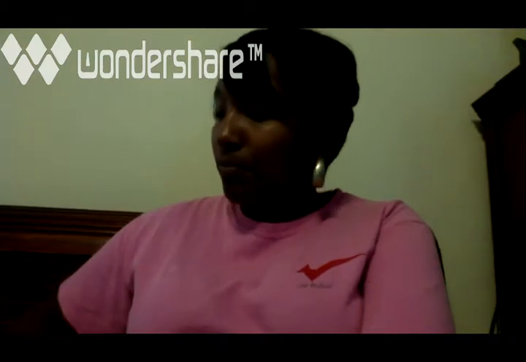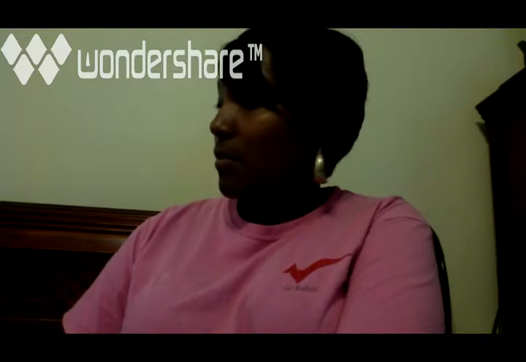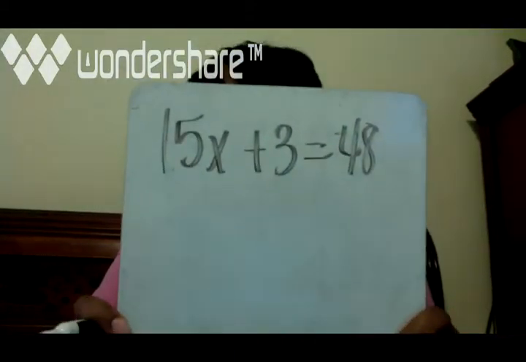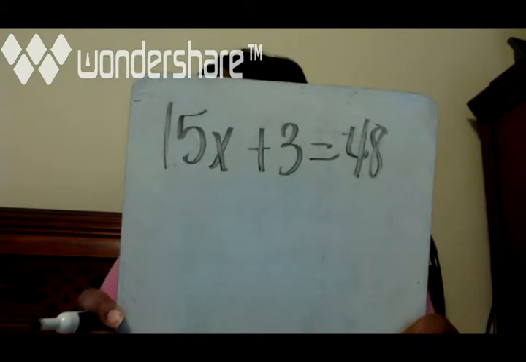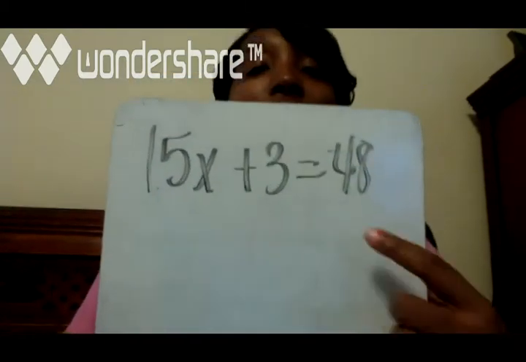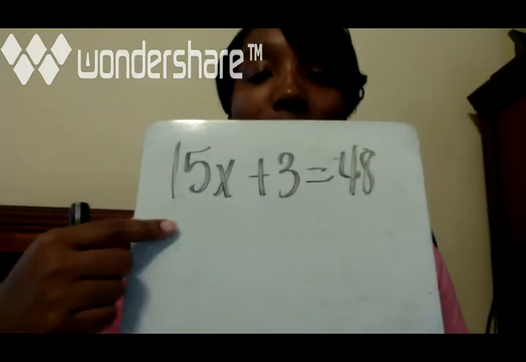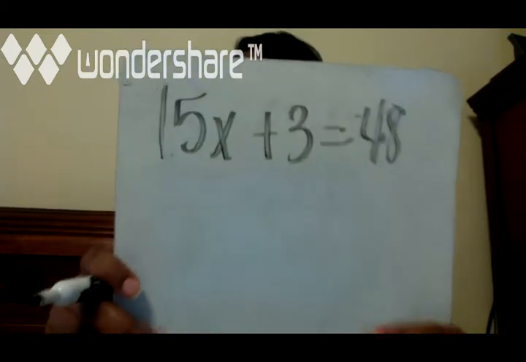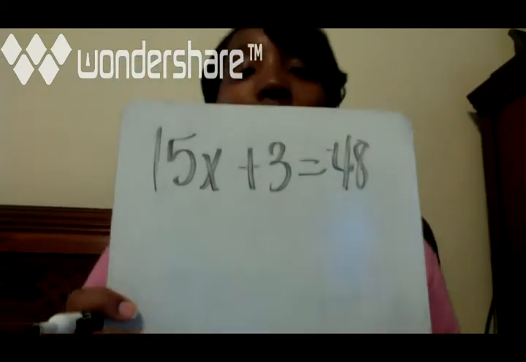Okay, the next example, let's do another. Here's the next one: 15x plus 3 equals 48. Again, our variable here is x, and we need to solve for x. The first thing we're going to do is get rid of the 3.